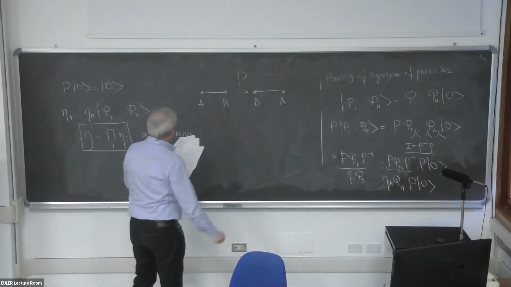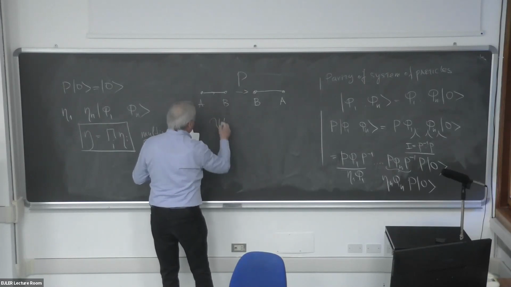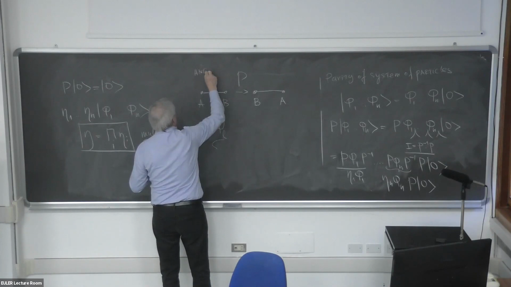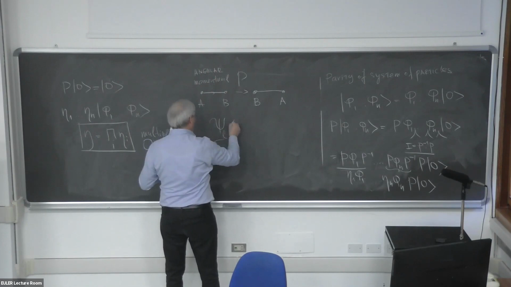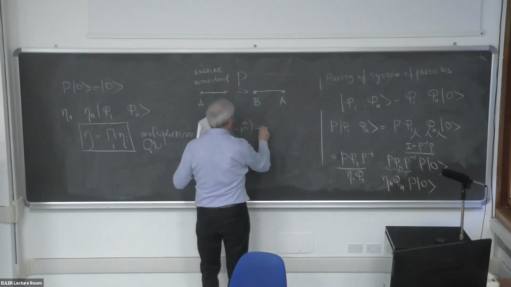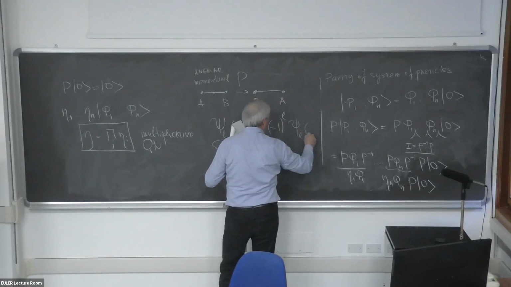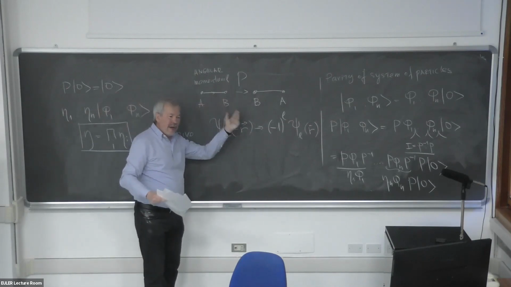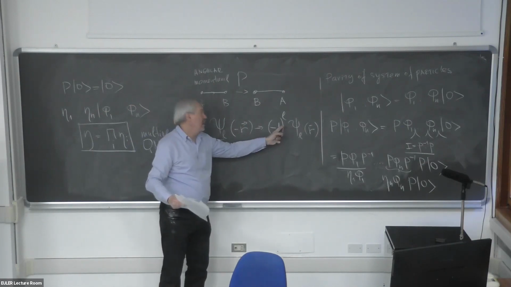And therefore, the wave function of my system, and suppose these two, A and B, are in angular momentum L, then the wave function is transformed under change of the sign of coordinates as (-1)^L psi_L of r. So under parity transformation, depending on the angular momentum of my system, I may have an additional minus sign, -1 to the power L.